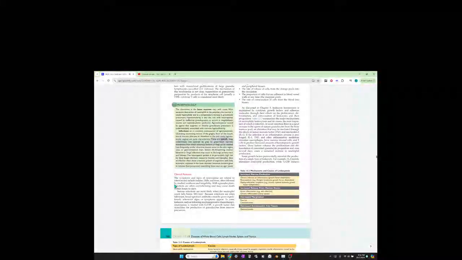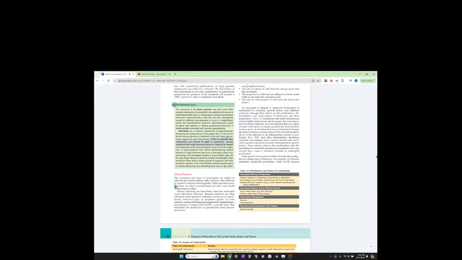These are typically deep, undermined, and covered by gray to green-black necrotic membranes from which numerous bacteria or fungi can be isolated. Less frequently, similar ulcerative lesions occur in the skin, vagina, anus, or gastrointestinal tract. Severe, life-threatening invasive bacterial or fungal infections may occur in the lungs, urinary tract, and kidneys.